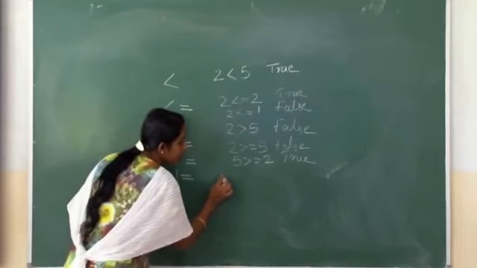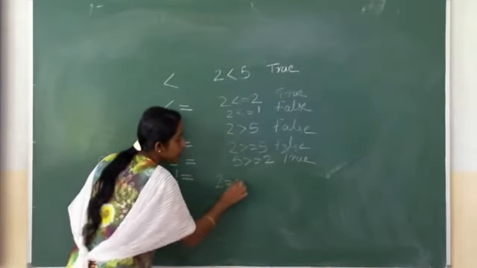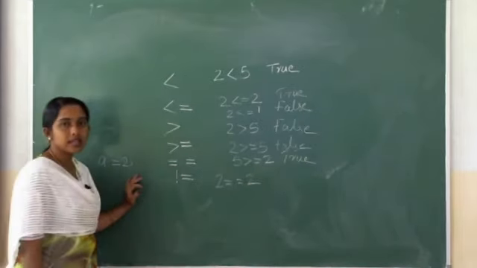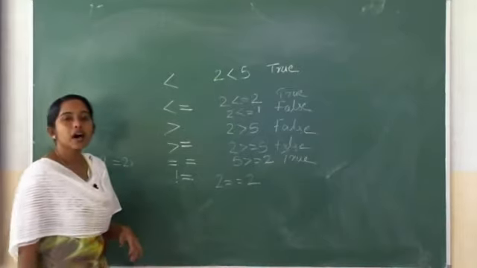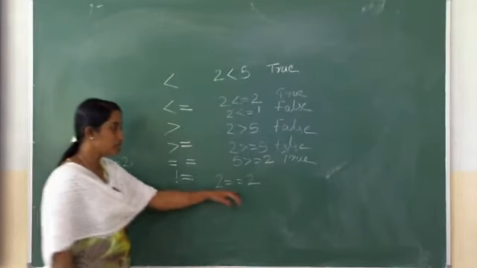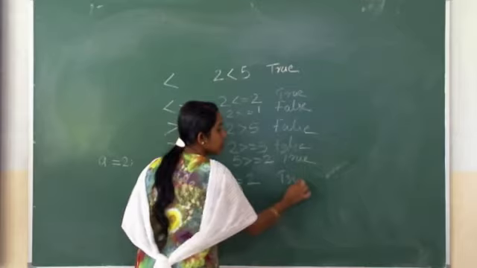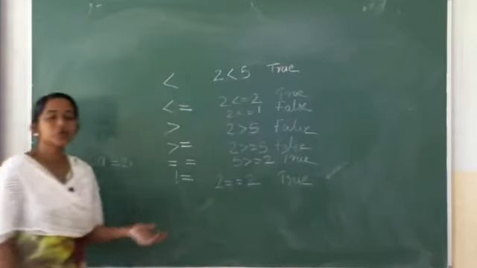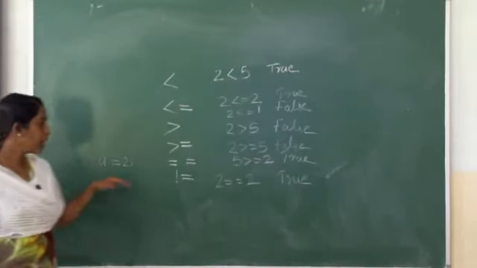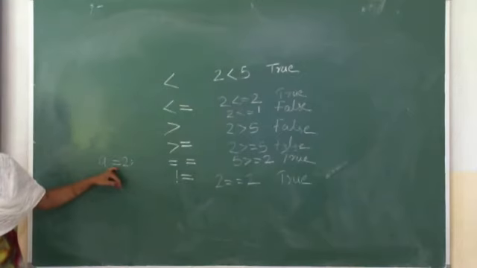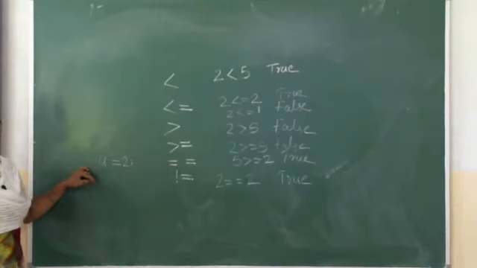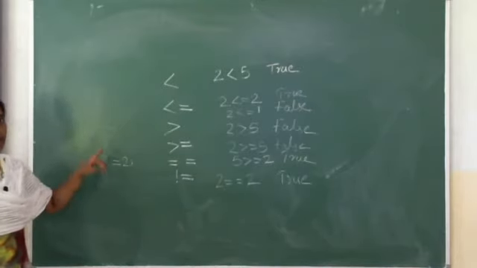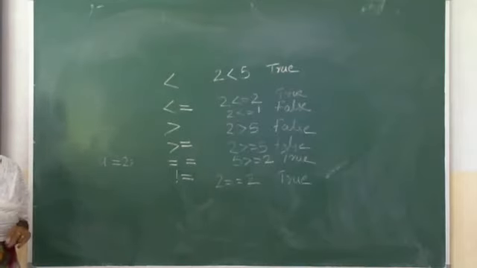That means 2 == 2, it's checking that the left hand and right hand values are equal. Then if it is true, you can write down here true. Otherwise you will write it as false. If we are using the assignment operator, we are assigning this particular value to this variable. Okay, so see the difference, very important question. Difference between equal to and double equal to.